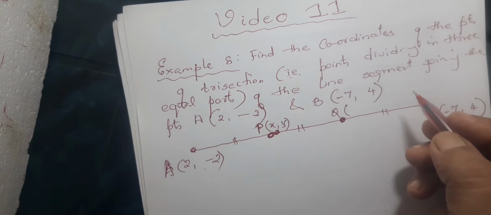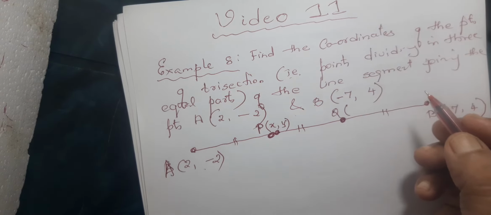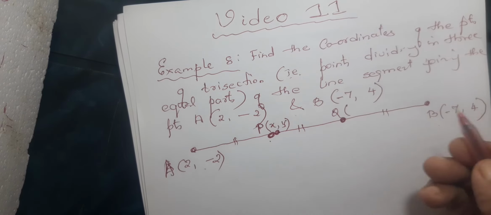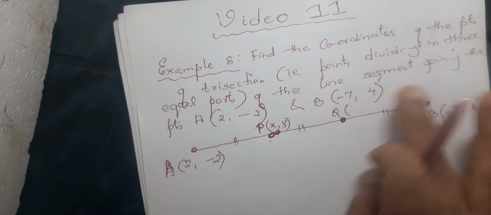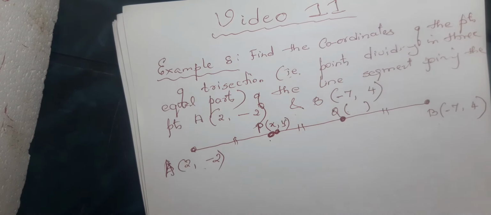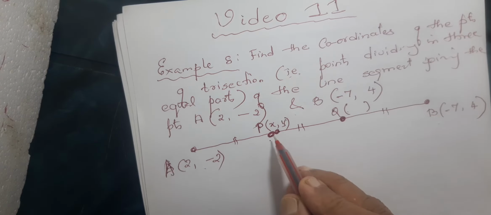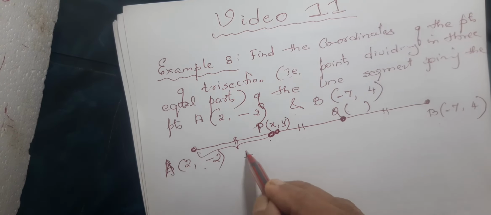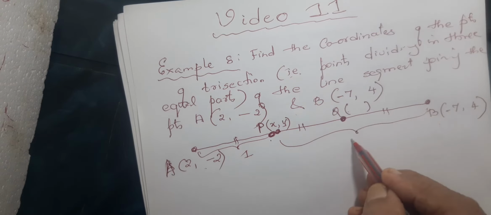So, yes. Now see, this point P, whose coordinates are x, y, is dividing this AB in the ratio 1, and from here to here it will be 2.